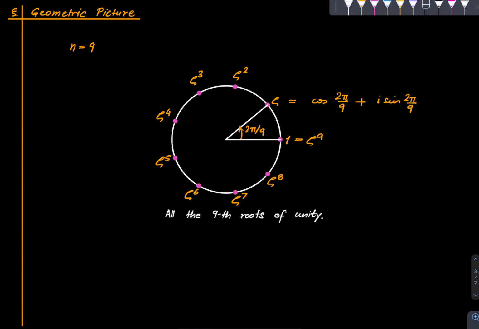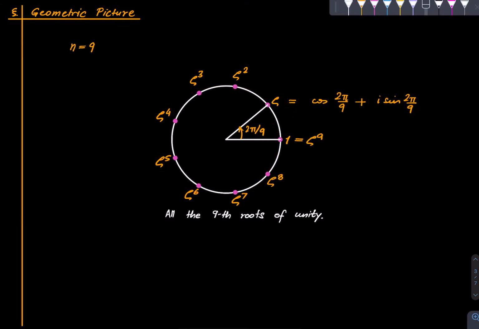So it kind of periodically cycles around. And it is important that we realize that it is actually the square of this guy, because what is this guy? This guy is cos of 4 pi by 9 plus iota sine 4 pi by 9, and hence it is just the square of this guy. De Moivre's theorem or whatever. Okay, so that's a picture that we should keep in mind.